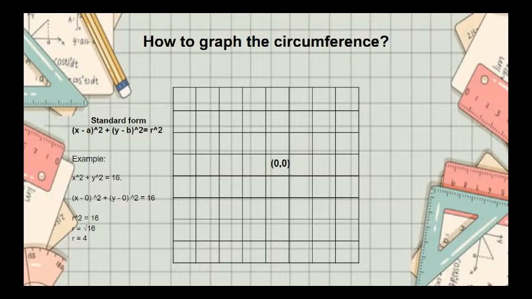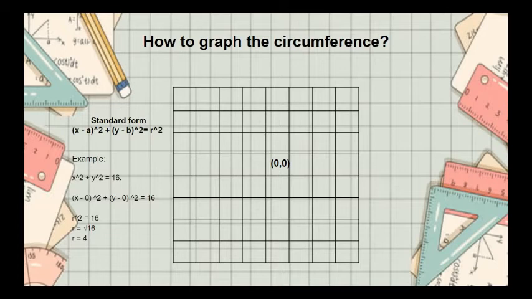As an example, take the equation x squared plus y squared equals 16. Find the center of the circle. Remember that the center of the circle is shown as a and b in the equation of the circle. If there are no parentheses with numbers, that means a equals 0 and b equals 0.